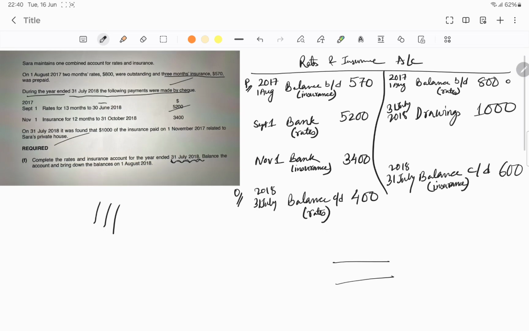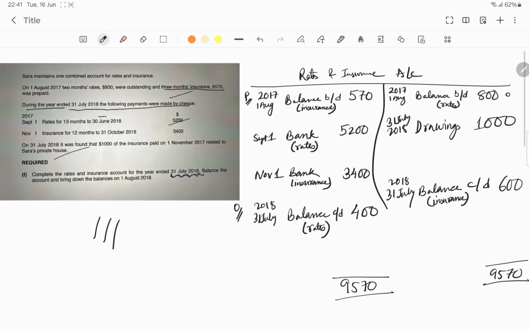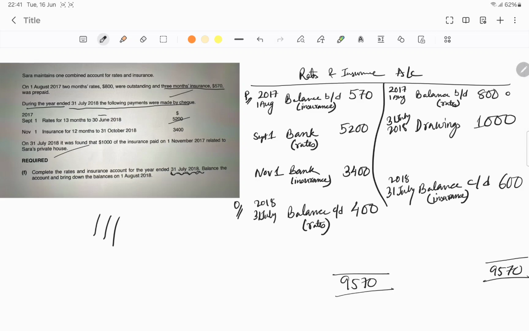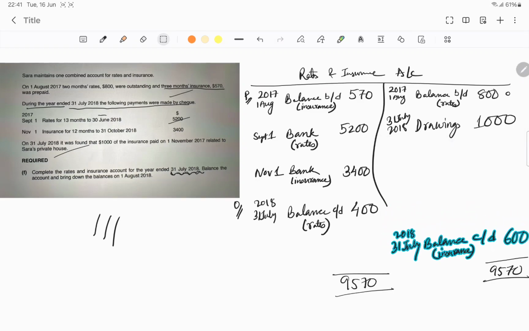First, total both the sides. 570 plus 5200 plus 3400 plus 400 is 9570. We write down 9570 on this side, and 9570 on the other side. The gap is the amount that will be transferred to the income statement.